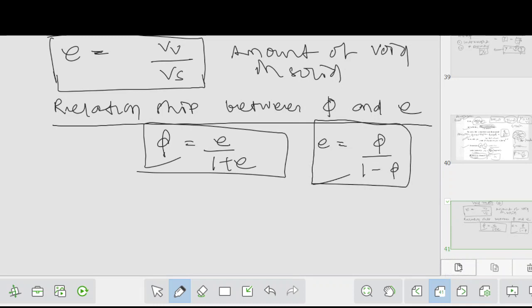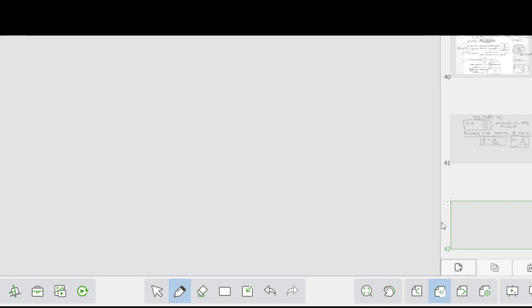Let's derive it. Either you remember phi equal to e by 1 plus e. If void ratio is given, you can determine phi. Or you remember this part, e equal to phi by 1 minus phi. Let's derive.